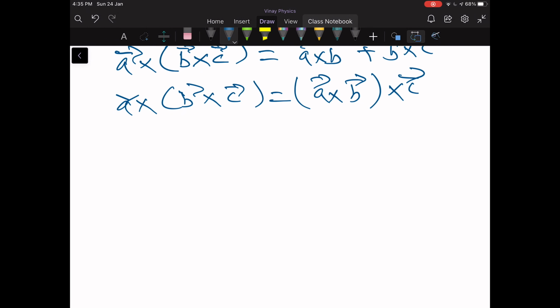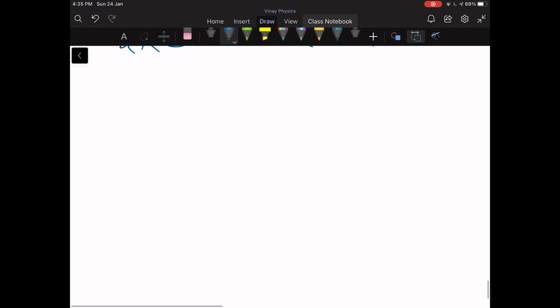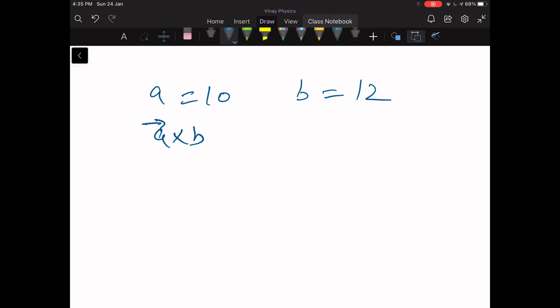Now let us see. We are given that the magnitude of A is 10, the magnitude of B is 12, and the cross product is, let us say, 18, and we are told to find the angle.